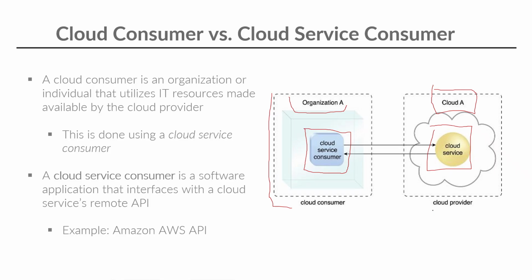All right, makes sense? Example of cloud service consumer: the AWS API, the CLI. It's a piece of software. It's an API that enables the cloud consumer to use a cloud service. All right.